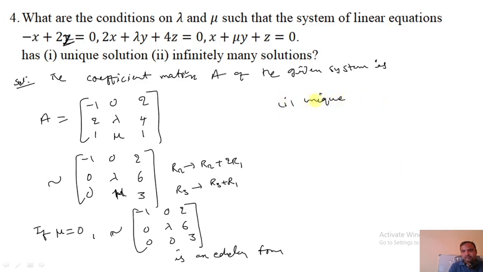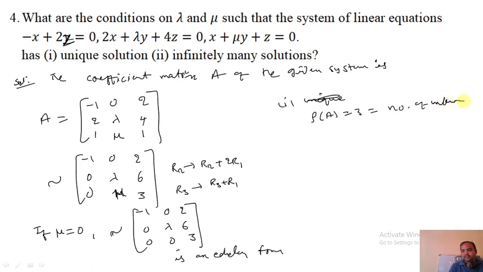First discuss the unique solution. When is a unique solution possible? Lambda must be non-zero. If lambda is 0, then using this pivot you can convert this to 0, and the rank is less than 3. A unique solution means the rank of A is 3, equal to the number of unknowns.